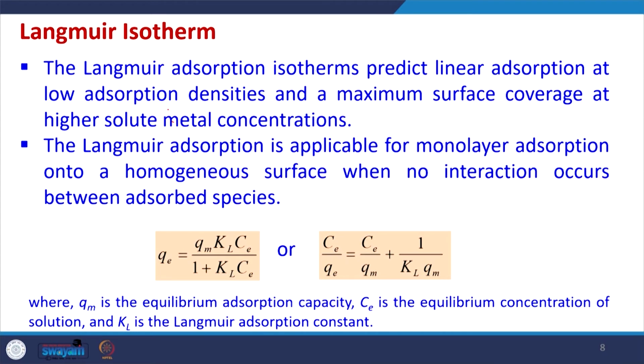This is the assumption. It is applicable for monolayer adsorption, so in the Langmuir we assume monolayer adsorption only. That means it is only applicable for chemisorption systems because they have monolayer adsorption.